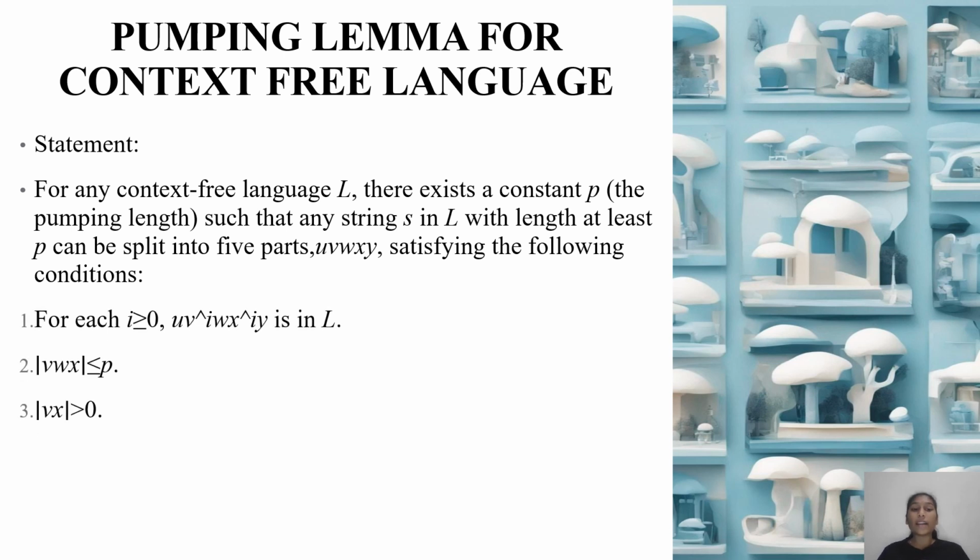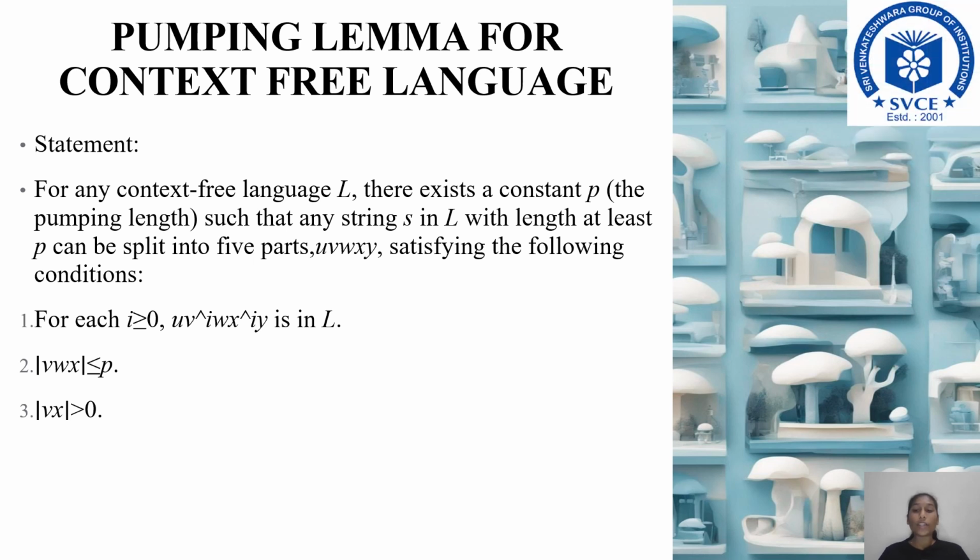For each i greater than or equal to 0, u v^i w x^i y should be in language L; |vwx| should be less than or equal to P; and |vx| should be greater than 0. Now, let us go with the applications.